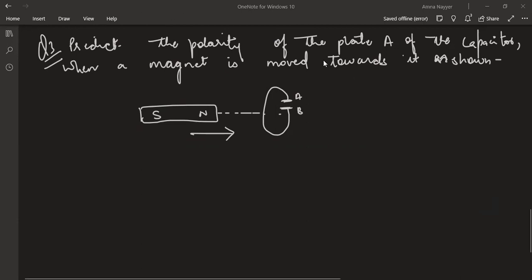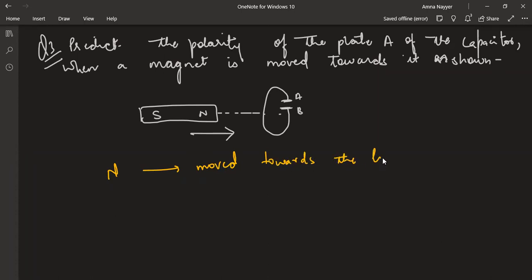Yes, Atif, correct answer. See, when the north pole of the magnet is moved towards the loop, current is induced in which direction?